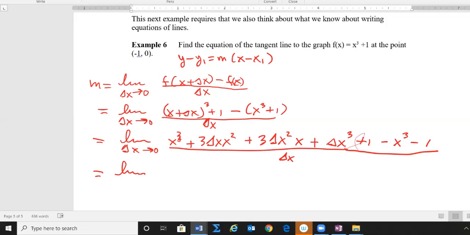All right, so let's see where this takes us. We do have a couple cancellations. This term goes away with that one. The 1 and the minus 1 are gone. So I'm going to factor that delta x out.